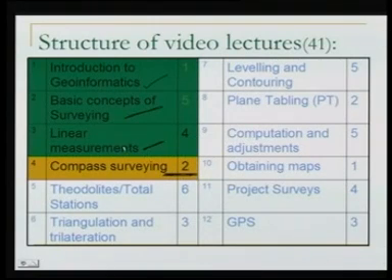Here, in module number 3, it was about linear measurements. So what we saw in the case of linear measurements, we saw various methods by which we can measure the distances. We started with the chain, tape, and then we went to some modern techniques, for example the EDMI, the electronic distance measuring instrument.